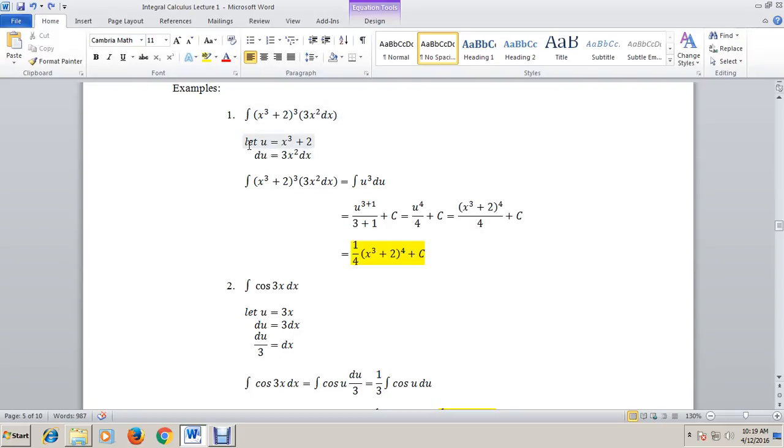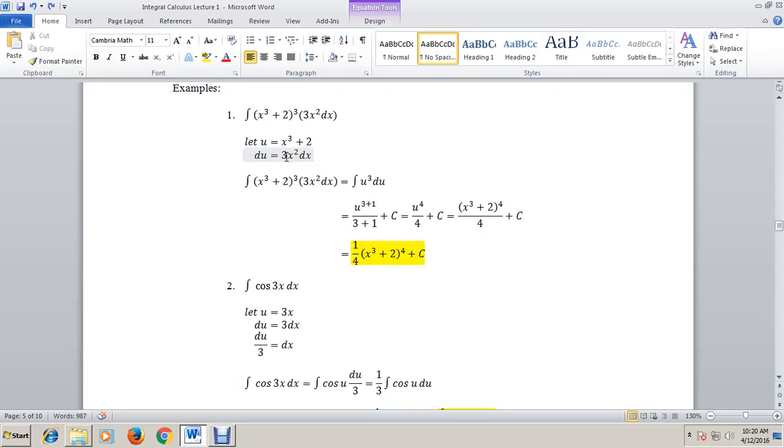In this case, we let u equal to the expression x cubed plus 2. Then we find the derivative of u using the power formula for derivatives: we bring down 3 beside your x, so this becomes 3x, and we subtract 1 from your exponent, so 3 minus 1 becomes 2, then the derivative of x.